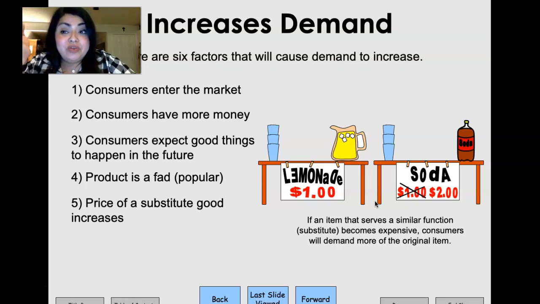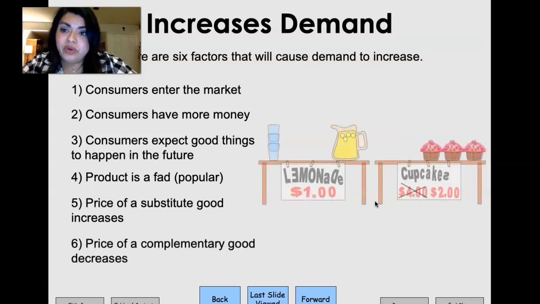Or if sugar went through the roof because there was some catastrophe and the sugar cane started to die off, maybe people would start to buy the sugar substitute instead because it was cheaper. Remember, price and demand are always linked. So if the price goes too high, the demand goes down.